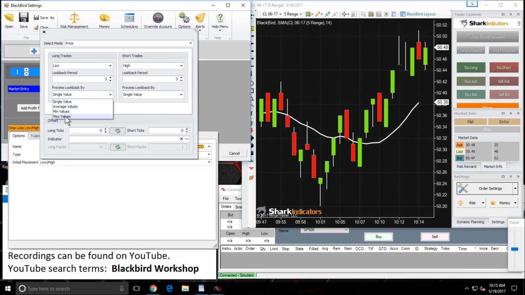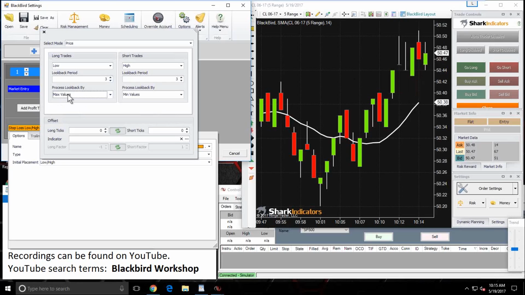Now, if I choose max value, it'll be finding the highest of the lows, looking back 3 bars. So let's see now. Bar 1, bar 2, bar 3. So the red bar has the highest low. And so the low of the red bar is the low that would be used with the current configuration, right?